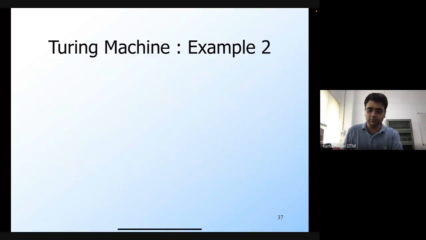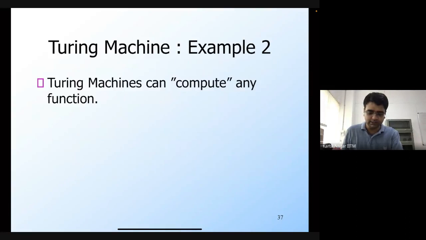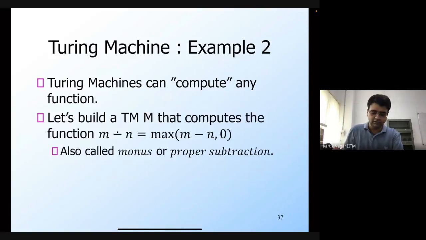So let's look at one more example. This example is slightly different because instead of recognizing a language, we are actually going to compute something. So you can also use Turing machines to compute any function. In particular, in this case, we are going to build a Turing machine that computes this function m minus n.